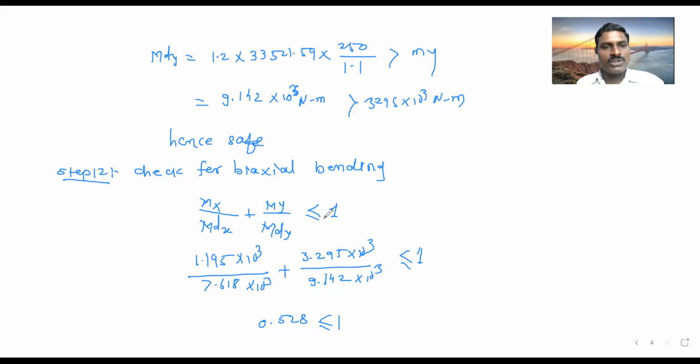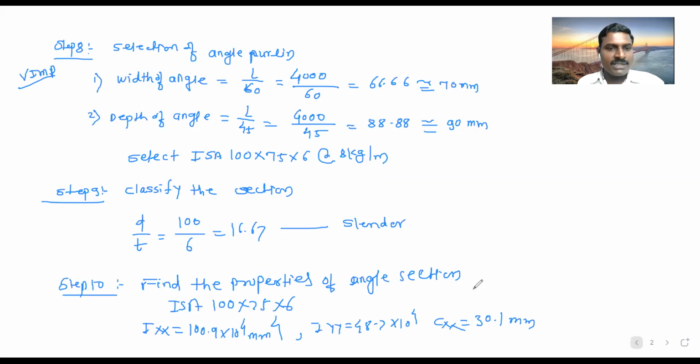We wrote the procedure, and in the procedure, the value of ZP is needed if the classification comes plastic. See here, if classification comes plastic, then what formula do we have to use at that time? Beta B into ZP into Fy divided by gamma m naught.